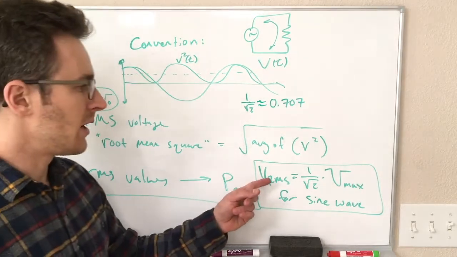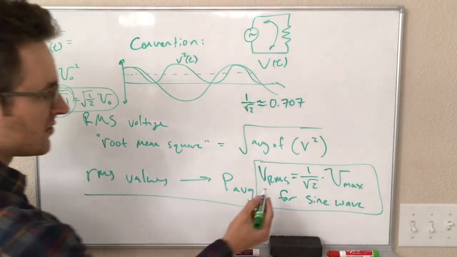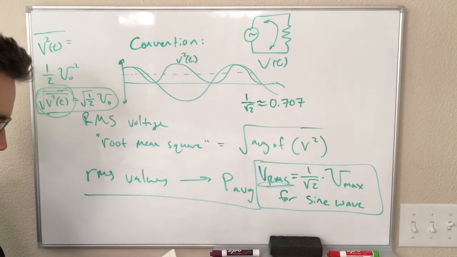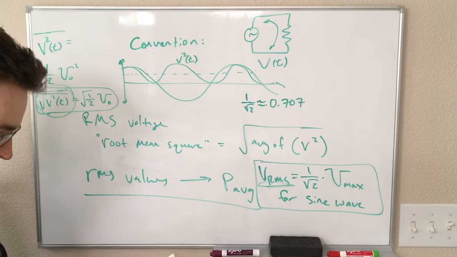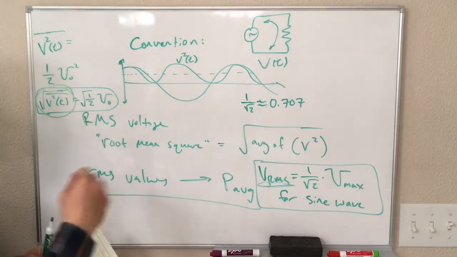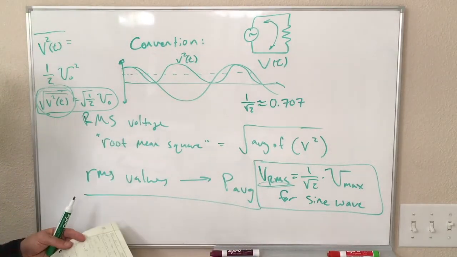So the RMS value we get is about 70% of the peak value, and this is the value that will give us the average power when we plug it into other equations. Okay. So hopefully that goes to explain why these RMS things are useful and why they pop up in so many places.